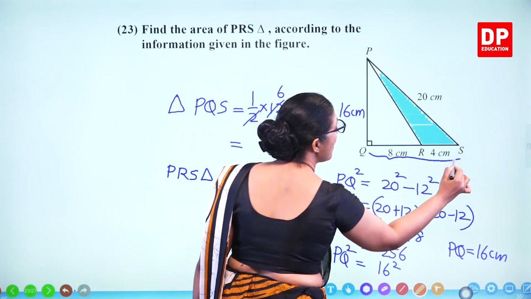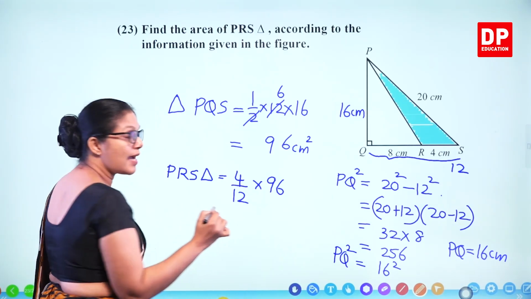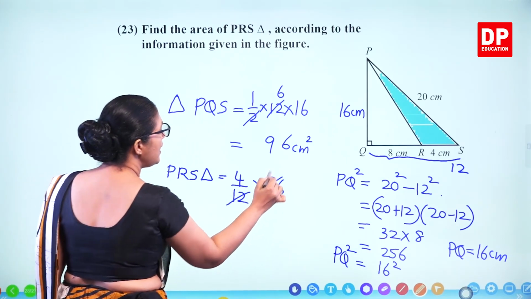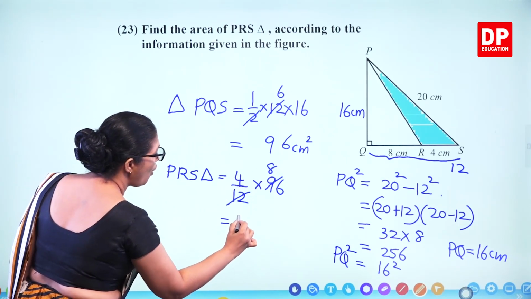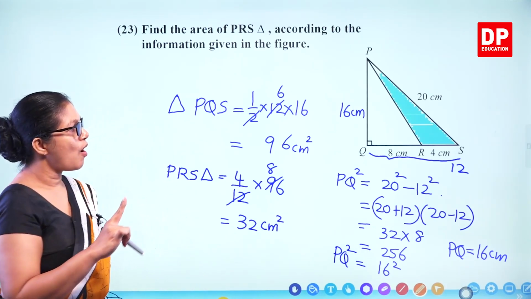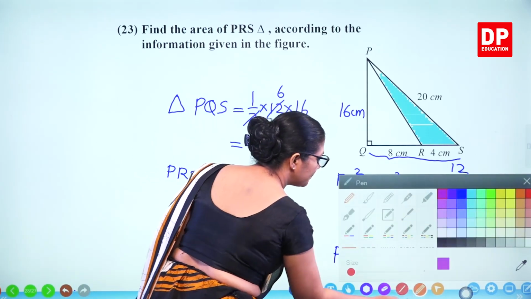Altogether this is 12 parts. 4 out of 12 into the full area, 96. So 12 times 8, so 8 times 4, 32 square centimeters is the area of the required one. So you get 2 marks for that.